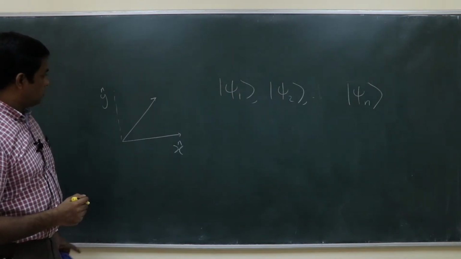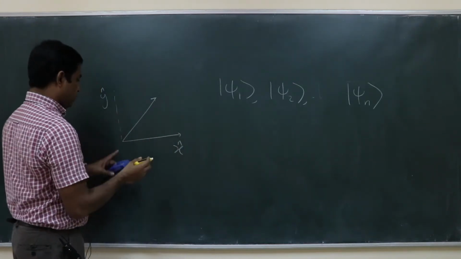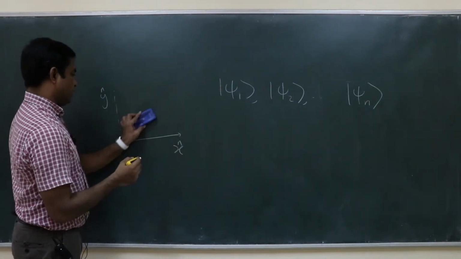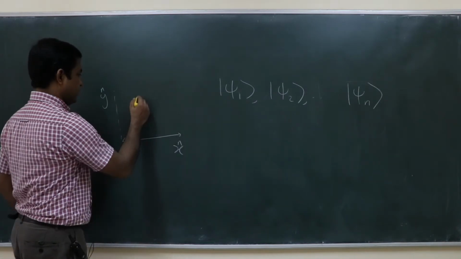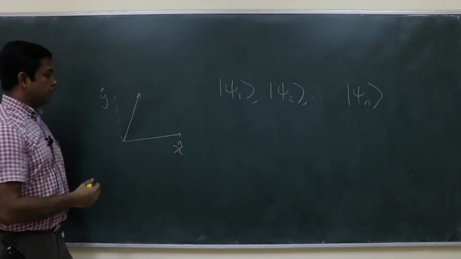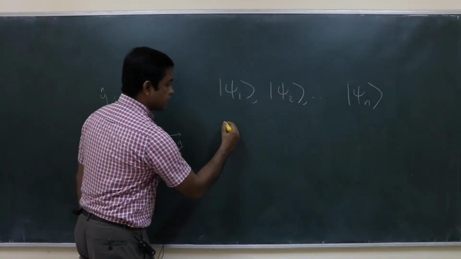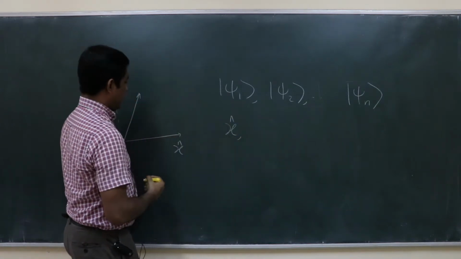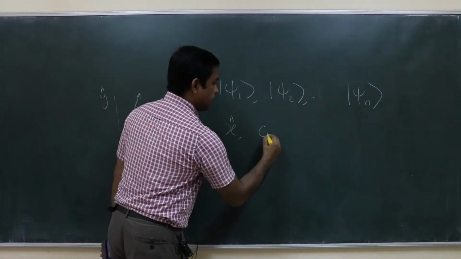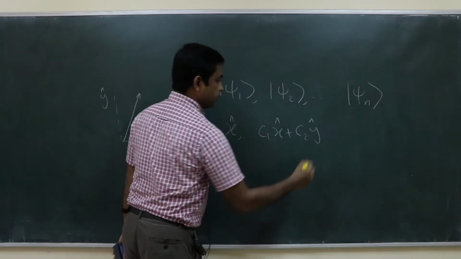I am not saying so. This can be anywhere. I am just saying any general linear combination of x cap and y cap. So I have the vector x cap and, say, c1 x cap plus c2 y cap.